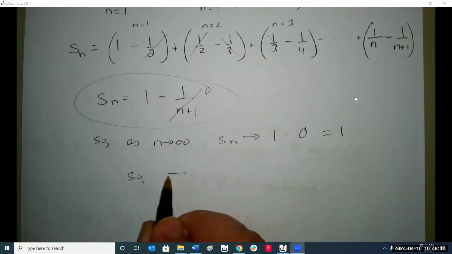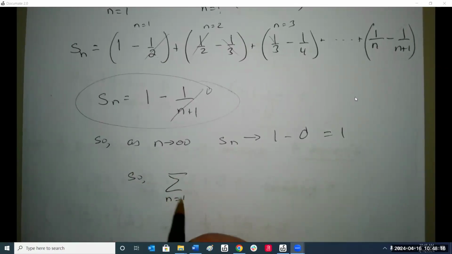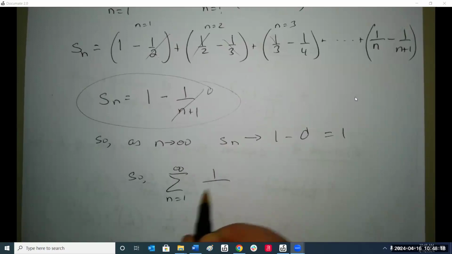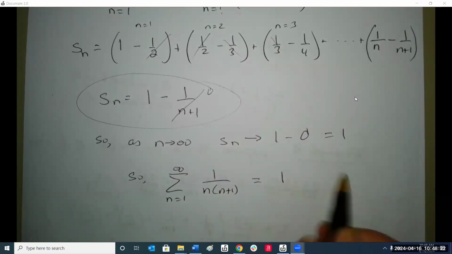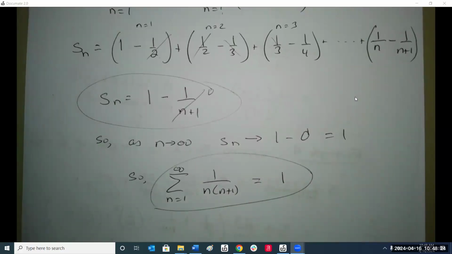So therefore, the summation as n goes from 1 to infinity equals 1. See how many more we got? Oh, done.